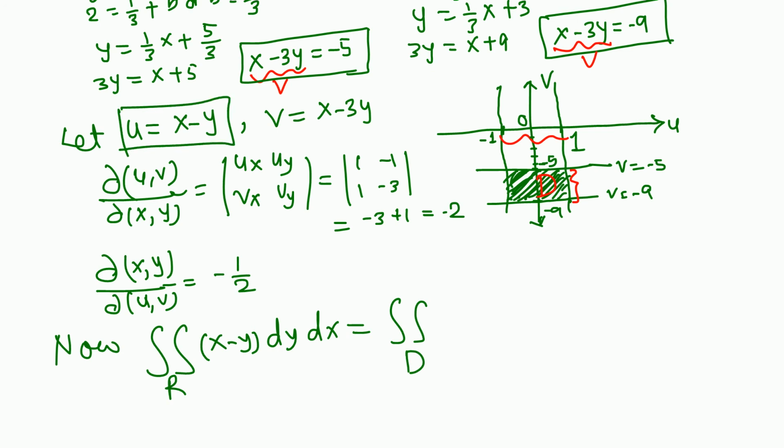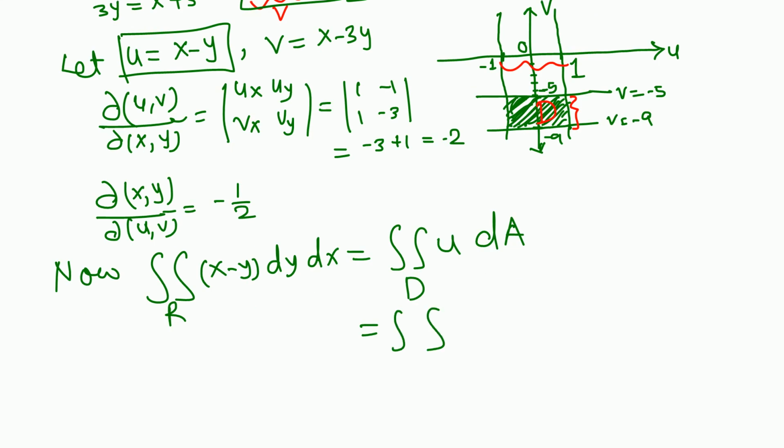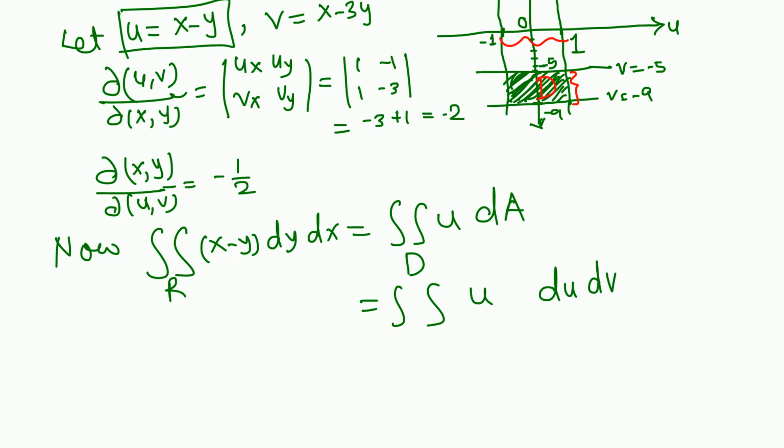That's what we got, u, and dy dx or dx dy doesn't matter in our case. Let's write dA. Next, this is easy because we have a rectangle, so we can write du dv or dv du, doesn't matter, and our integrand is u. V is the outer, V equals, we already decided, -9 to -5, and u equals -1 to 1.